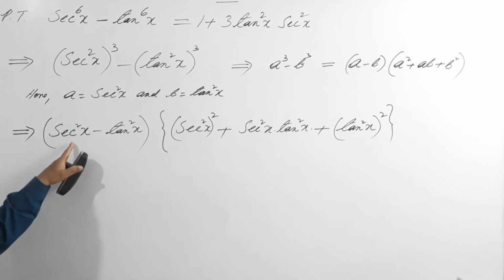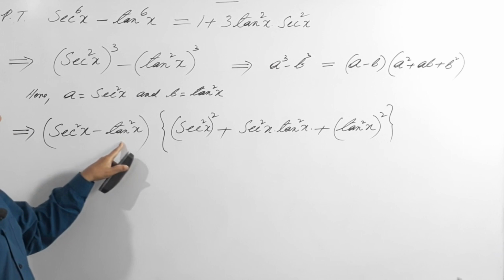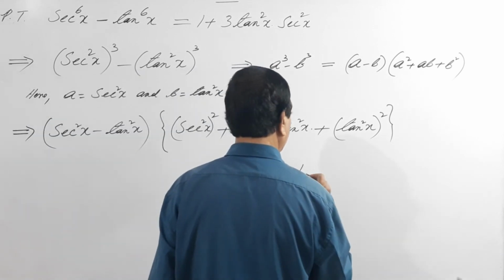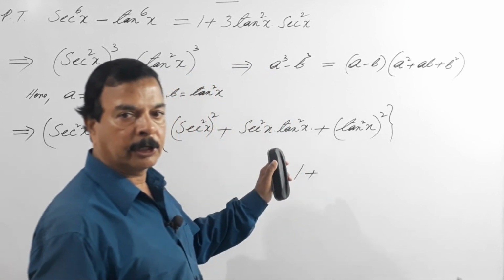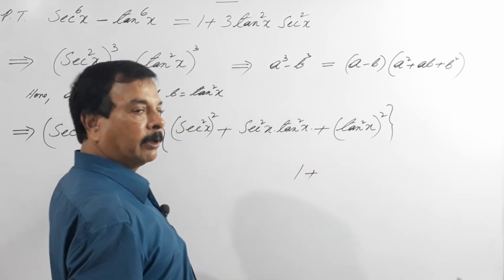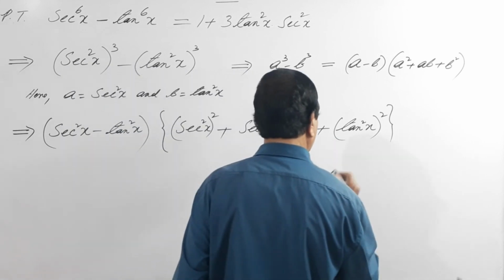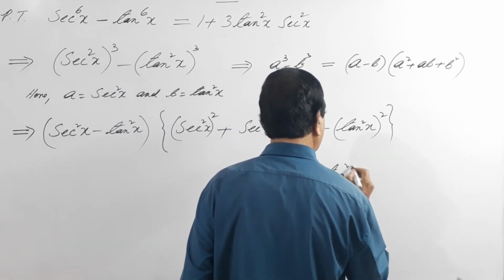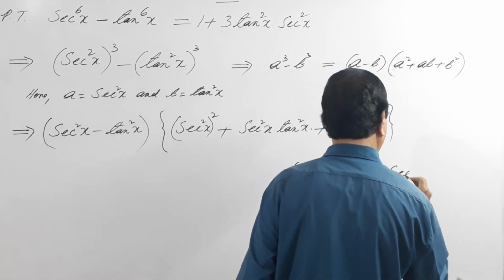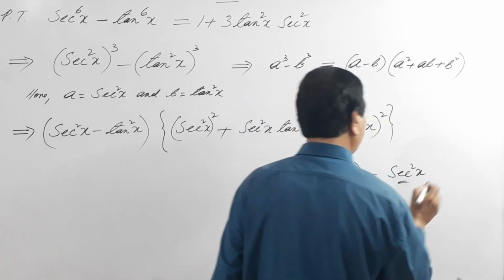So we know that secant square x minus tan square x is nothing but 1, because I had proved this earlier. That is, if you take the Pythagoras theorem and divide throughout by the base square, we get this formula. So we know that 1 plus tan square x equals secant square x.